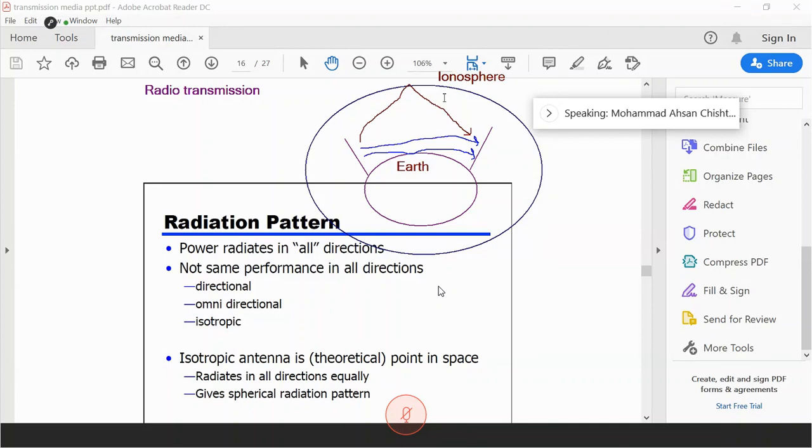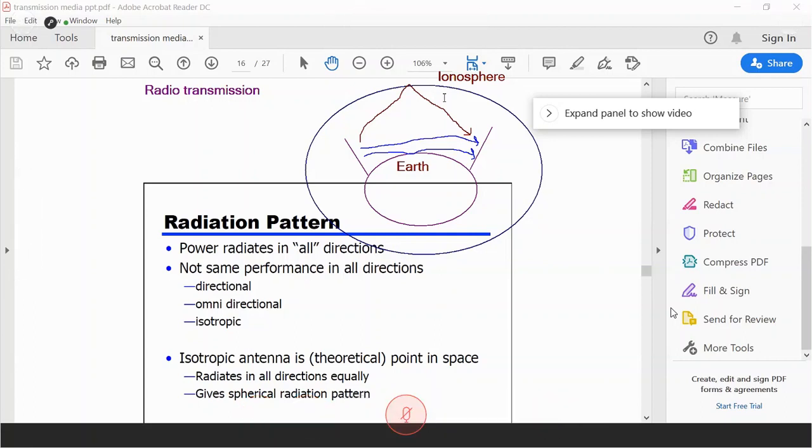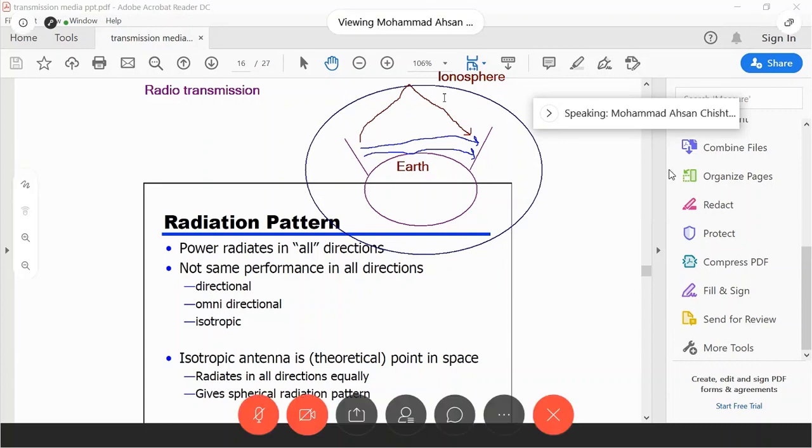Typically, HF waves bounce off the ionosphere. The ionosphere is the layer that you see of charged particles around the Earth. A height of 100 to 500 kilometers is the ionosphere.